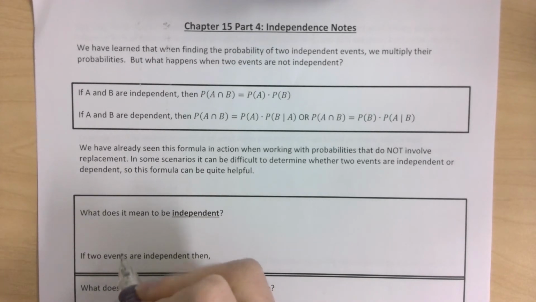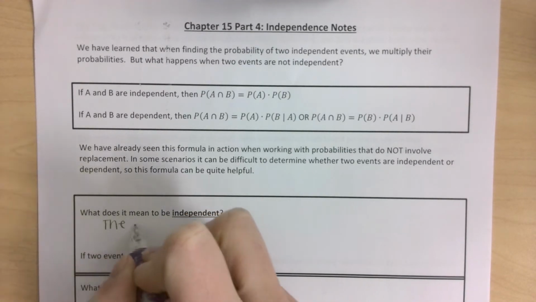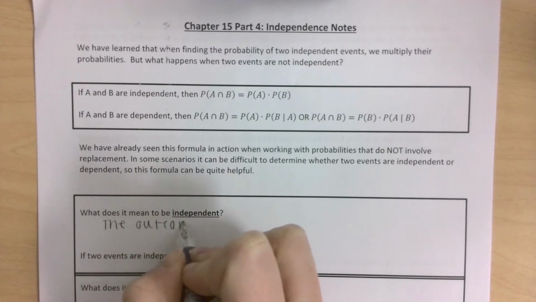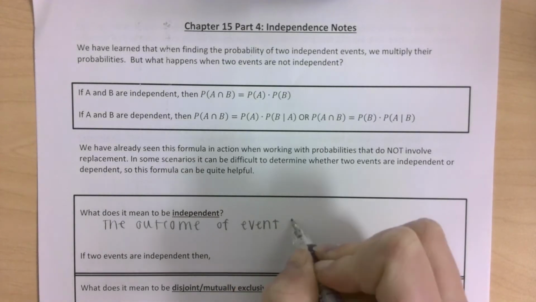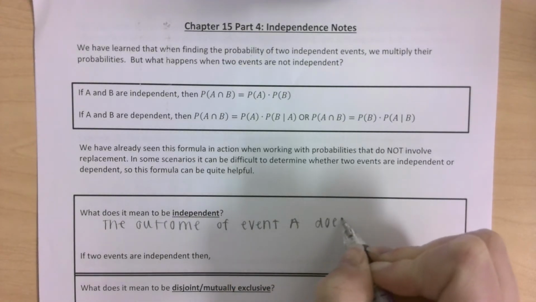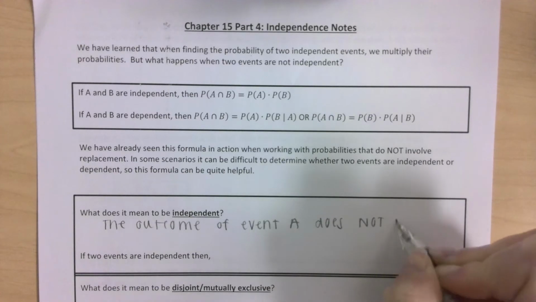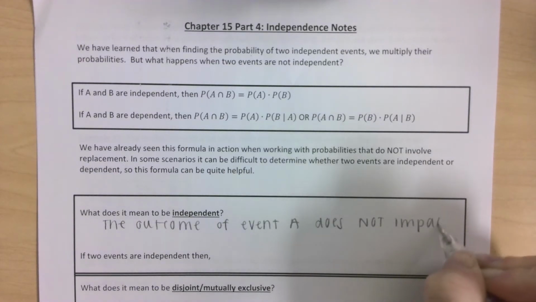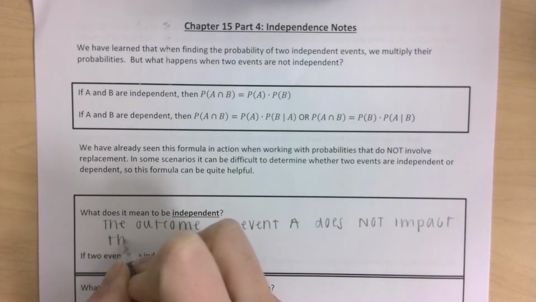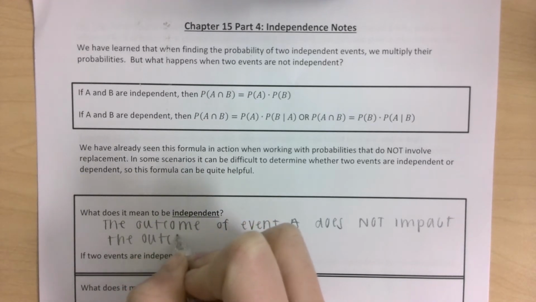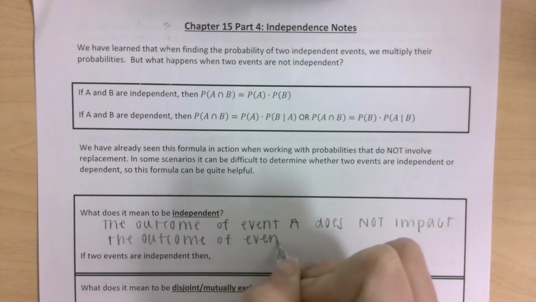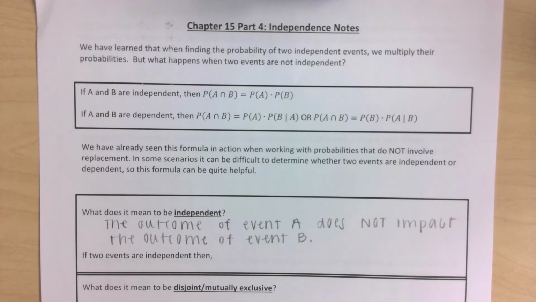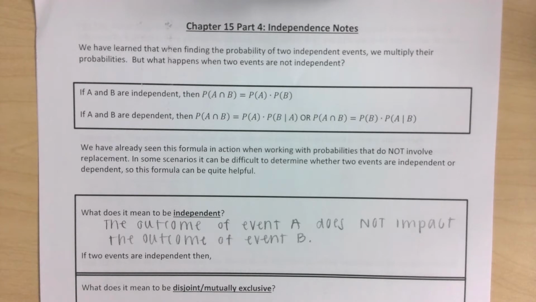Remember that independent means that the outcome of event A does not impact the outcome of event B. Whatever happens in event A is not impacting our chances of event B occurring.